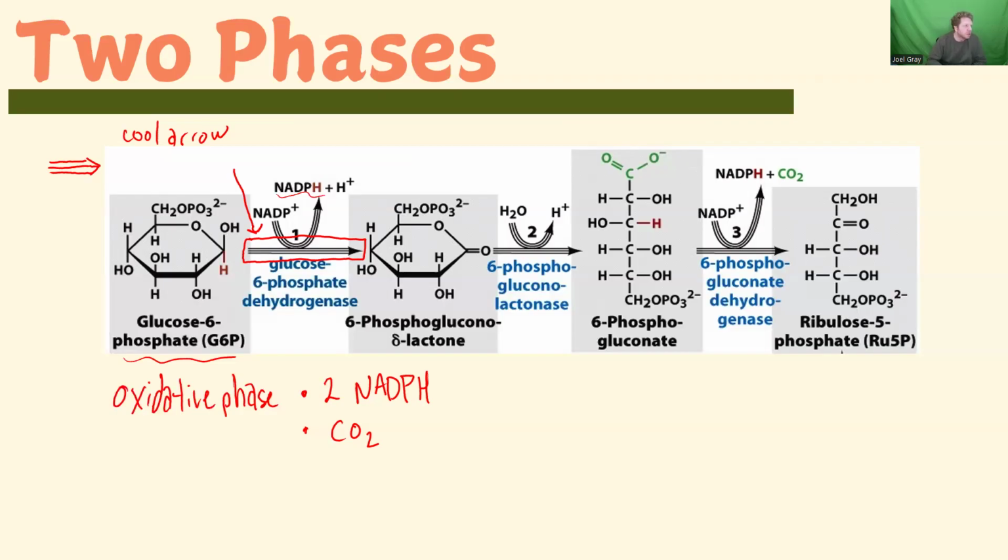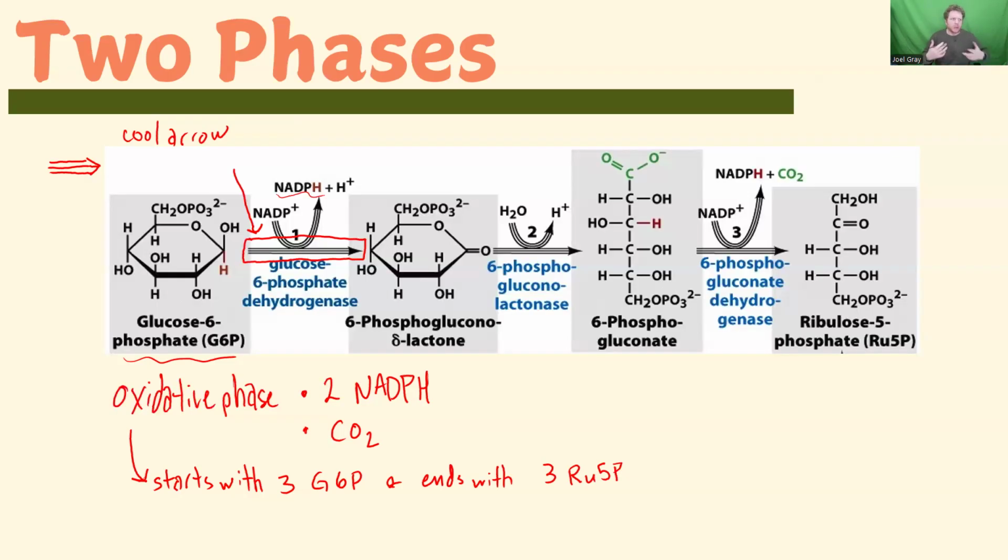So what that means is that I'm going to take this oxidative phase and say the oxidative phase, I'll draw an arrow, starts with 3 G6P and ends with 3 Ru5P.